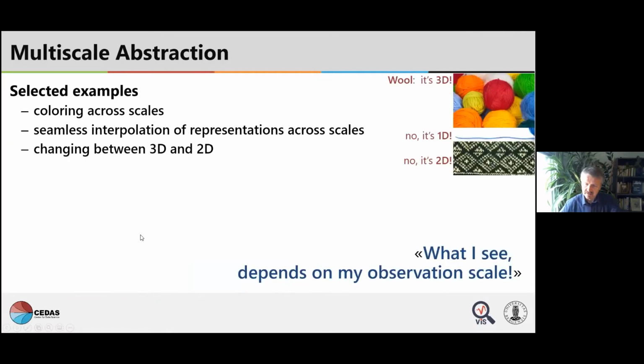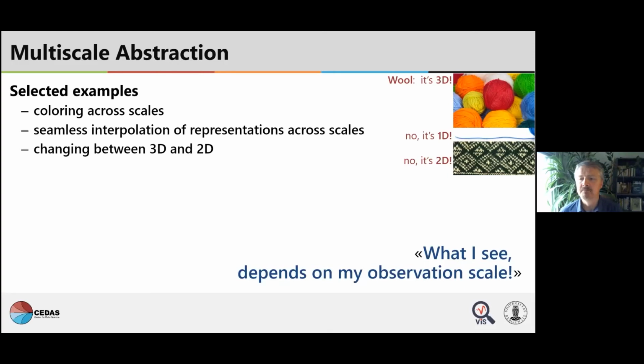So these were two very common aspects of multiscale biomedical visualization. Next, I want to go maybe one level more abstract in the discussion and talk about multiscale abstraction.